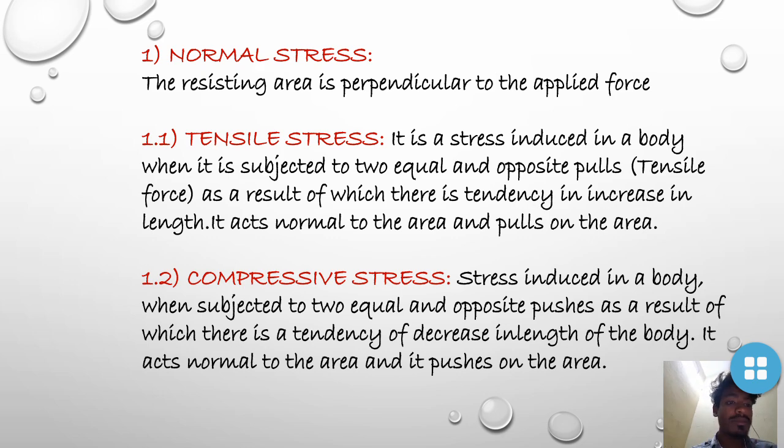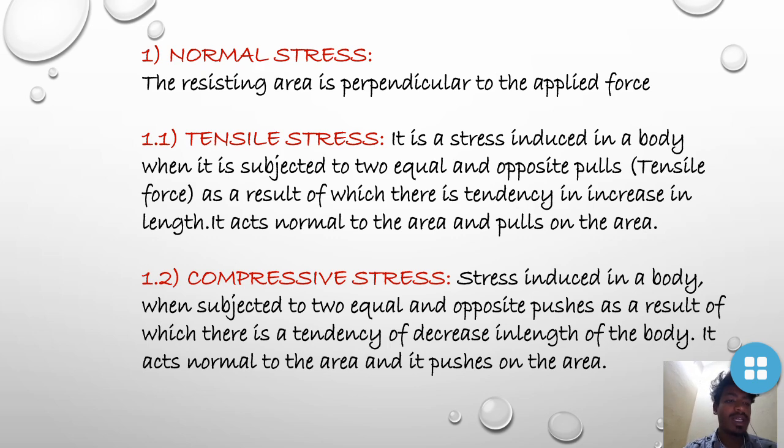So when stress is induced in a body subjected to equal and opposite pulls, it is known as tensile stress, in which the body length will be increased, and this tensile stress acts normal to the area and pulls on the area.